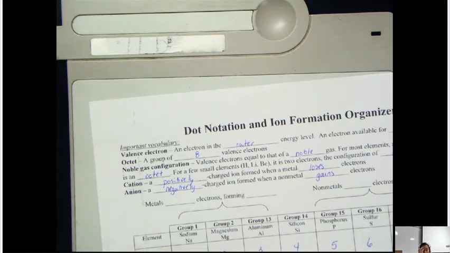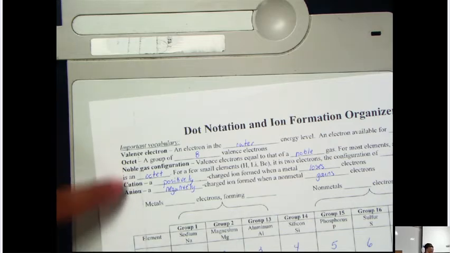Atoms are neutral because they have the same number of protons and electrons, same number of positive charges and negative charges that cancel each other out. Now with ions, the particle has either gained electrons or it has lost electrons, so the number of protons and electrons is not the same. It is going to be charged and not neutral. So how do you tell these two apart?